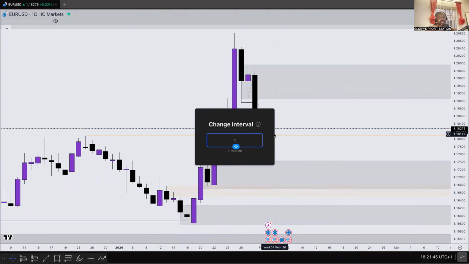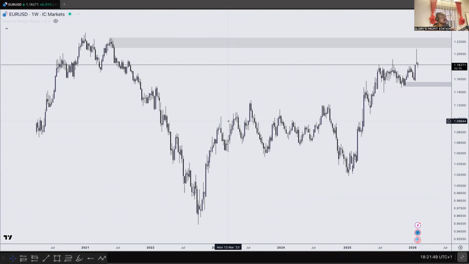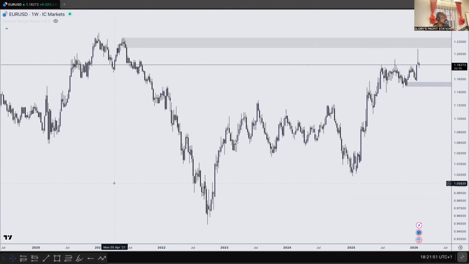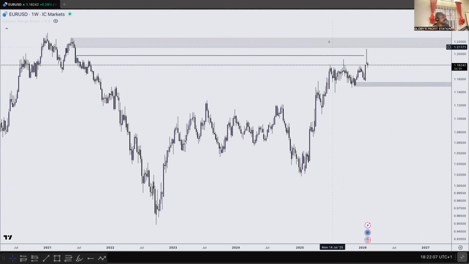Let me look at the weekly real quick. On the weekly, we see how the market has swept liquidity around this area here. So we had a sweep of all of that into this area of weekly supply.